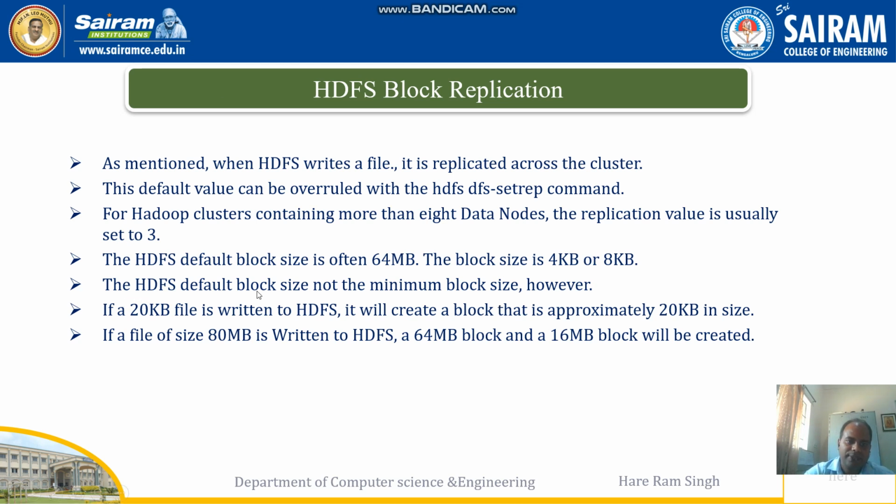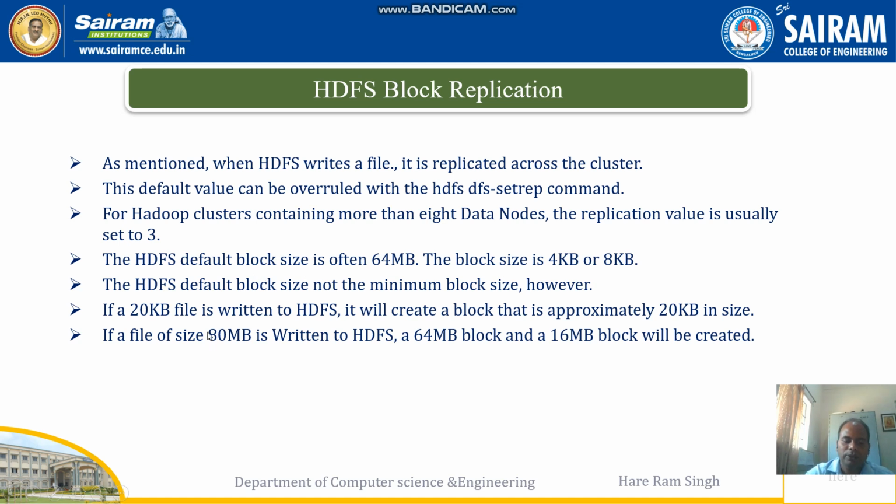This is the HDFS default block size, not the minimum block size, however. If a 20 KB file is written to HDFS, it will create a block that is approximately 20 KB in size. And if a file of 80 MB is written to HDFS, a 64 MB block and a 16 MB block will be created. As I said, the default block size is 64 MB.